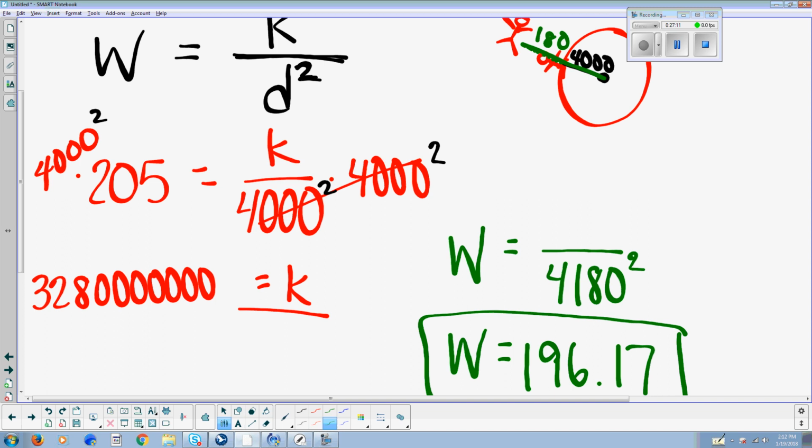4,180 gets squared, because it's inversely varied by the distance squared. But K was 328 and 7 zeros. Okay, now take that and divide it.